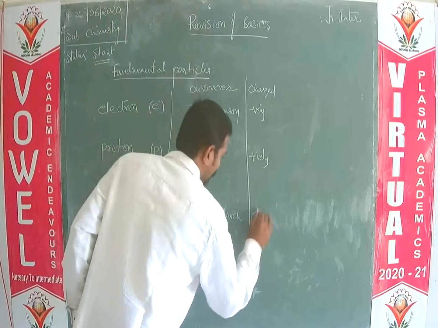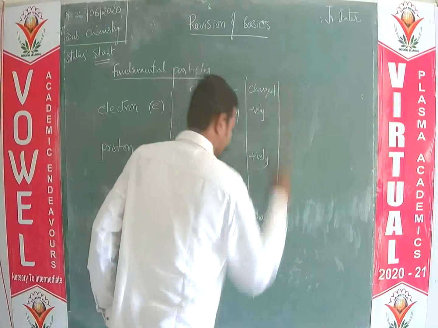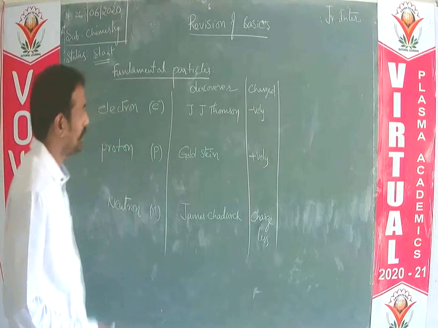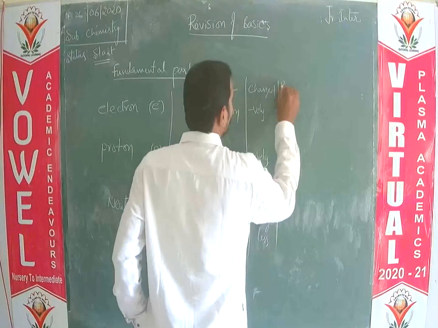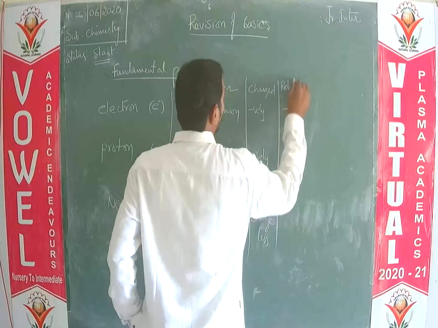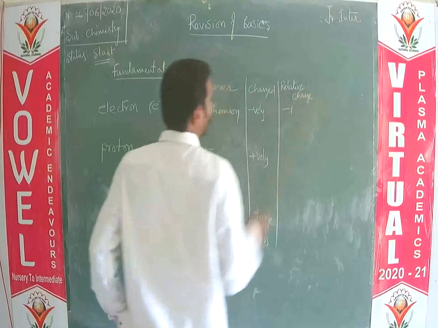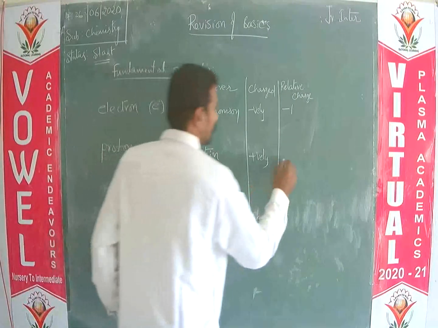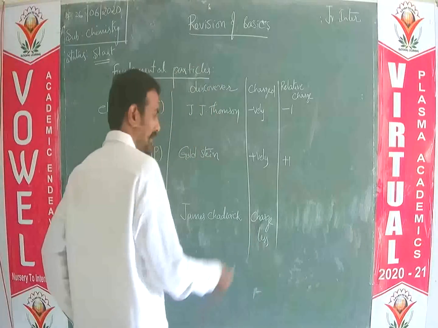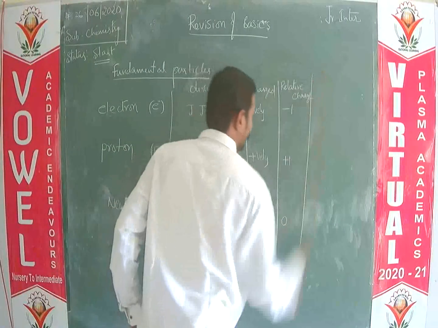Next, the charge of electron is given as -1, which we call relative charge. Relative charge of electron is -1. Relative charge of proton is +1, and obviously as neutron is a chargeless particle, its charge is taken as 0.